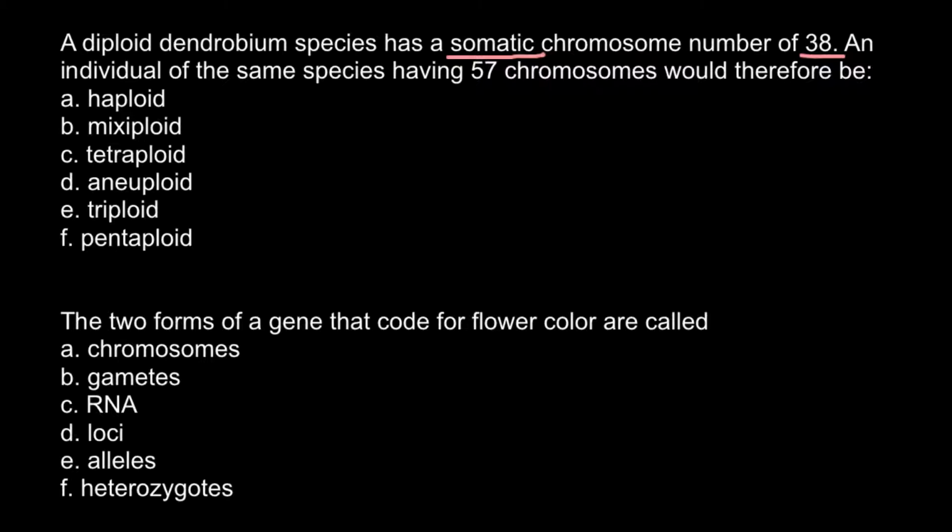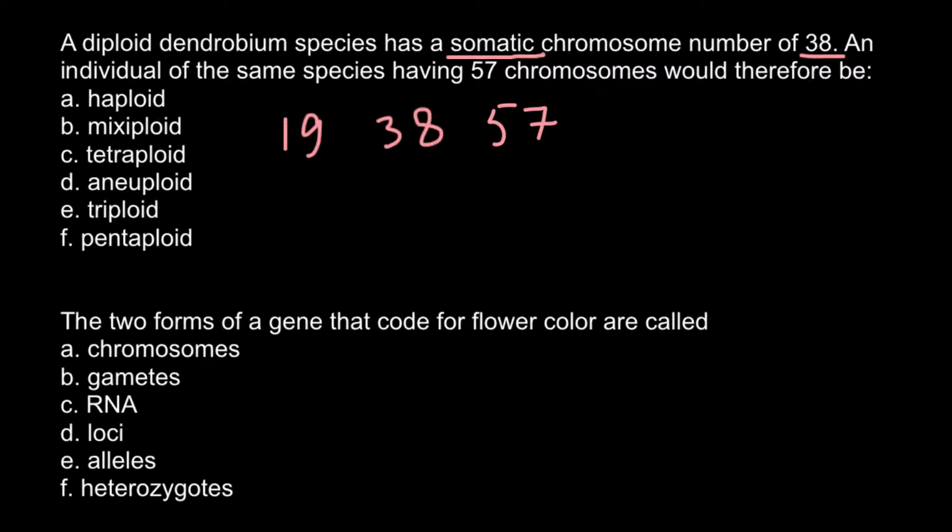So in gametes we would find 19 chromosomes. In a diploid organism we would find 38, that would be two sets of chromosomes that we can find in the gametes. And if we have 57 chromosomes, this would be 38 plus 19 that would give us 57.